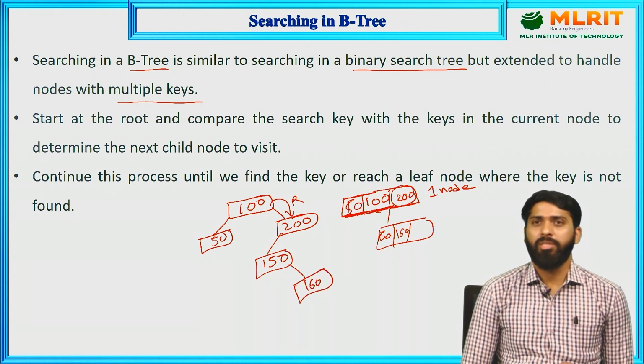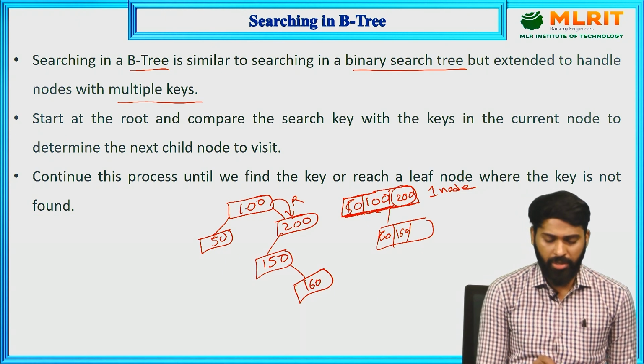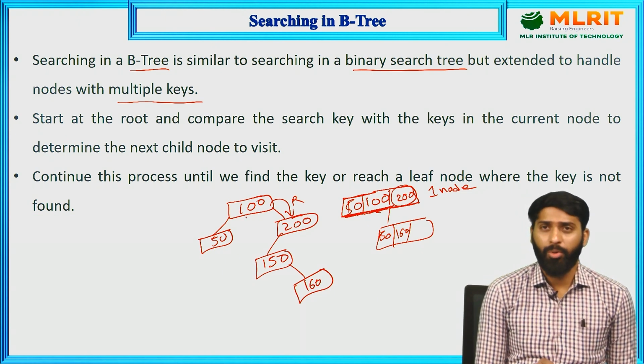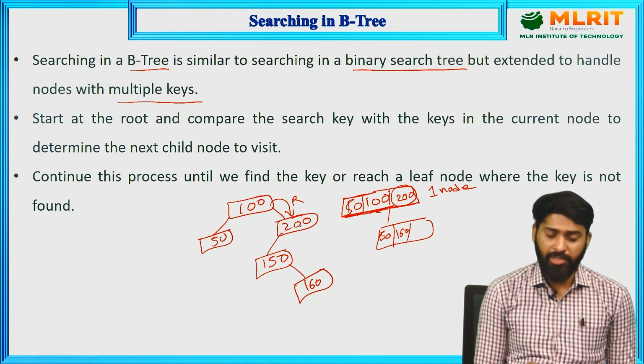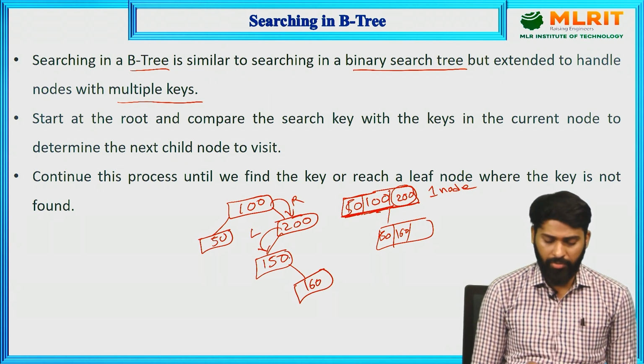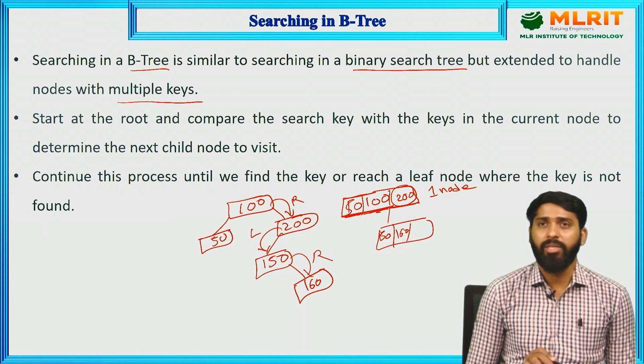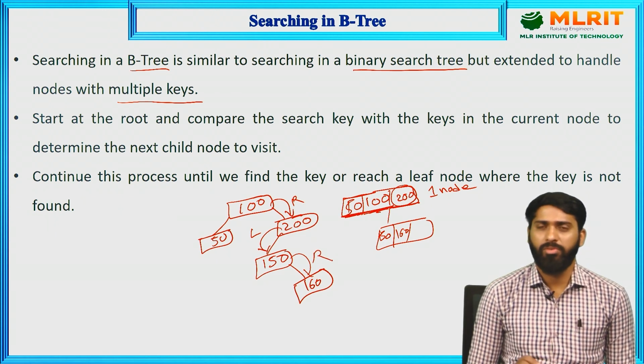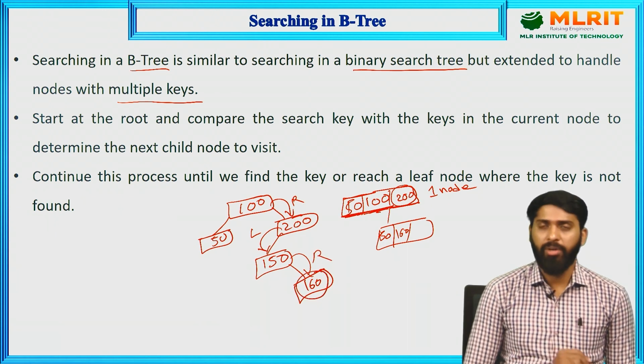In a binary search tree, to search 160, how do we start? 160 is compared with the root, 160 is greater than 100, so traverse to the right side. 160 is less than 200, so traverse to the left side. Now 160 is greater than 150, so traverse to the right side. Here 160 equals 160, so the element is found.